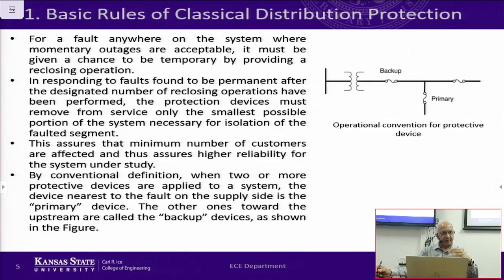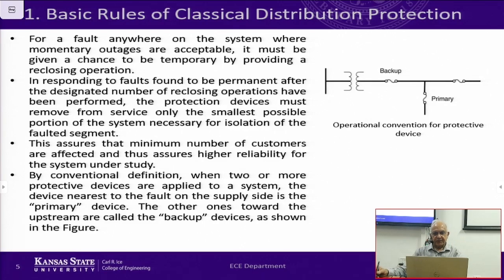But if the fault is a permanent fault, then it has to be cleared by some device. The general rule is that the device closest to the fault should be the one that opens. Because if the upstream device opens, then you are unnecessarily taking out a larger portion of the system, and that's not desirable. So you want to disconnect the device which is the closest, so you have a minimum interruption. That's the key thing.